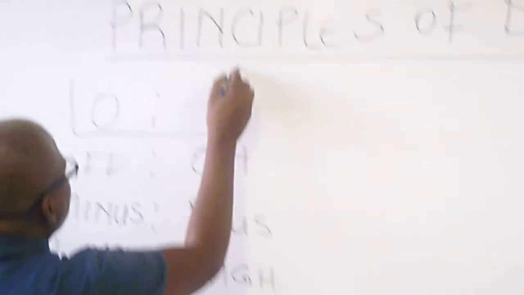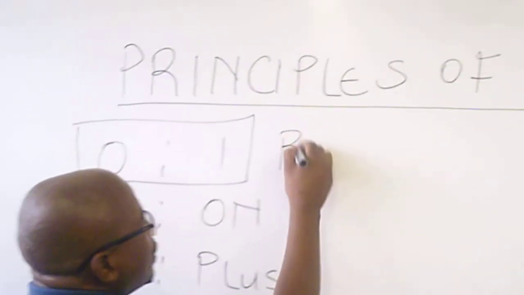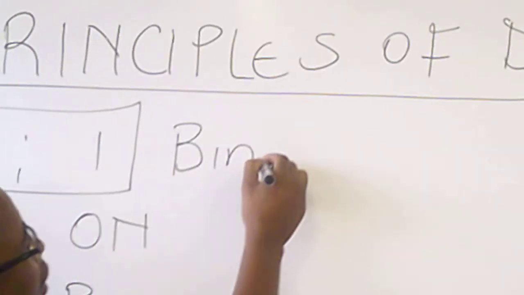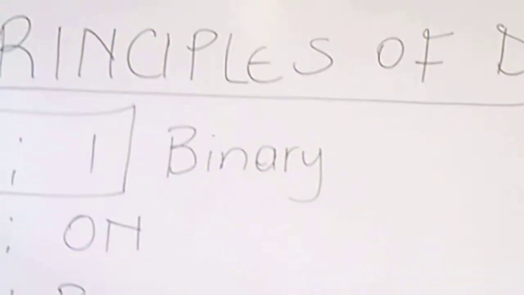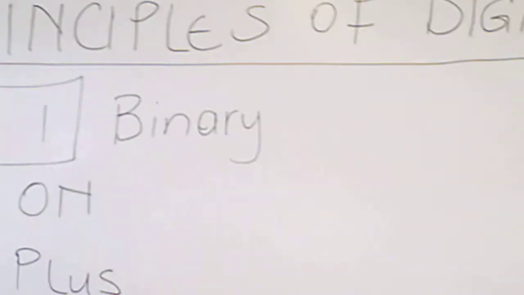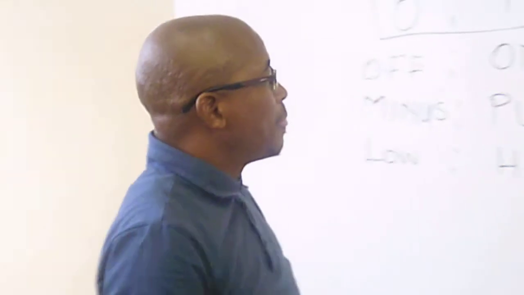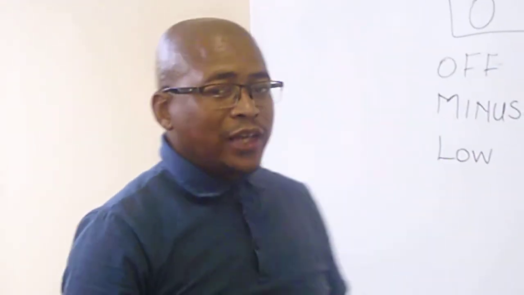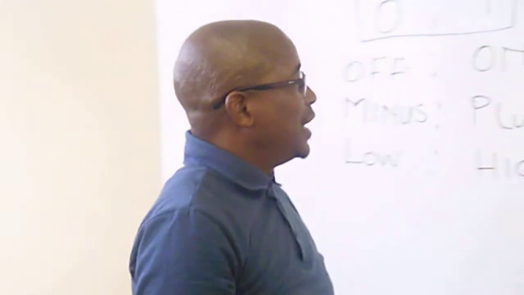And these two numbers, we are going to refer to them as binary, which means 2. Now, before we do anything, we must know how to read in binaries, as we have been reading in decimal.